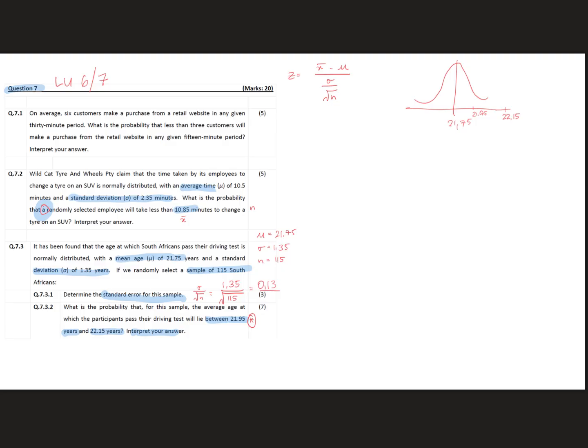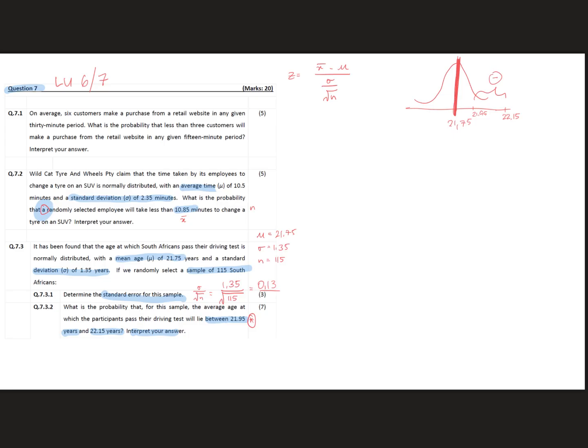And when we are saying between 21.95 and 22.15, we're talking about this space, the part that I've indicated with the curly bracket. Now, whenever you find that there are two values and both of them fall on one side of the straight line down the center, this means the rule is subtraction.